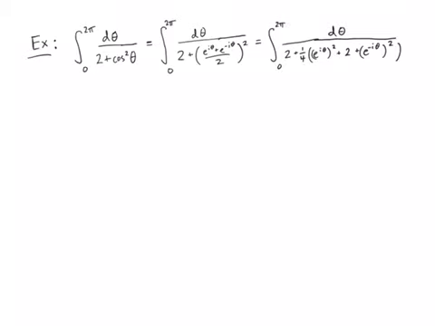Right, and then one thing we can do right now is just multiply top and bottom by 4. So I'm going to get rid of that 1/4 there. We have an 8 now here, and we'll put that 4 up top.